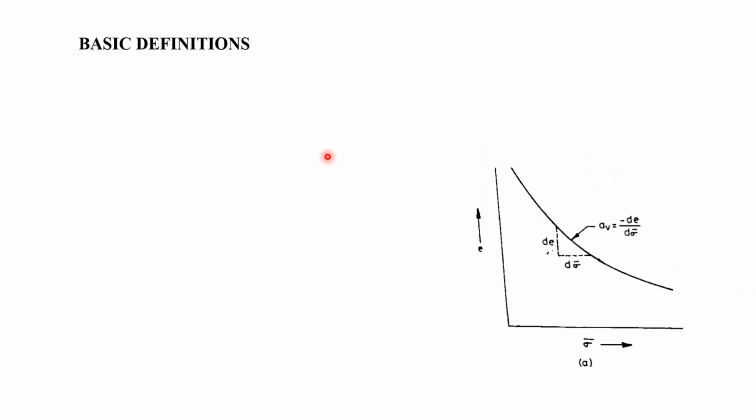Now we can see some definitions. We shall discuss the definitions. In the beginning itself, I told you that using the effective stress and the void ratio of the sample, we can plot the graphs. And after plotting the graphs, we can go for many definitions. So what are those definitions?